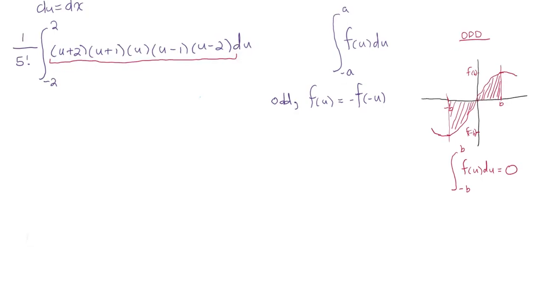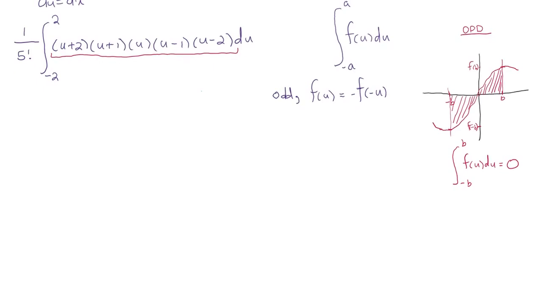So in order to show that this function is odd, we need to show that f of u is equal to minus f of negative u. So to do that, on the left-hand side, we write u plus 2, then u plus 1 times u times u minus 1 times u minus 2. And now we'll have our negative 1 out front, and then this will be multiplied by f of minus u.